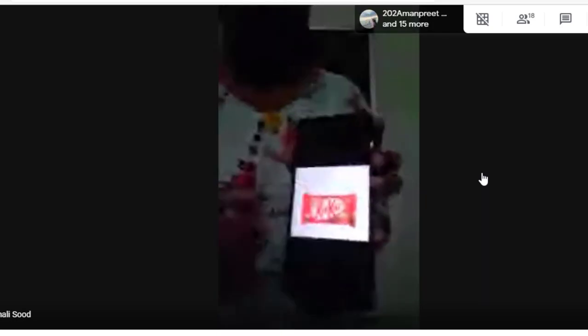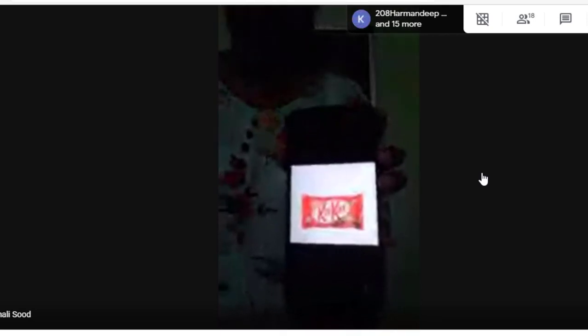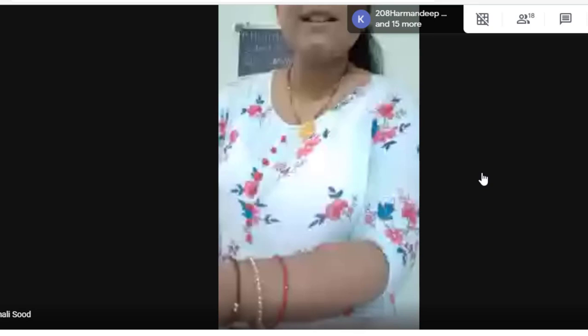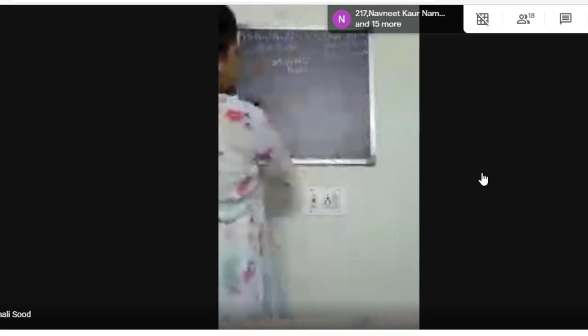Dairy Milk. If a shopkeeper forces you to purchase Kit Kat, will you purchase? No. Exactly. So as a consumer, you are exercising your right to make choice. Okay, students? Get the point? Yes.